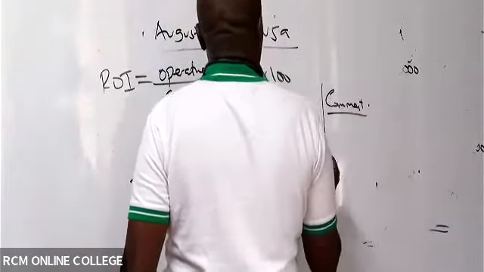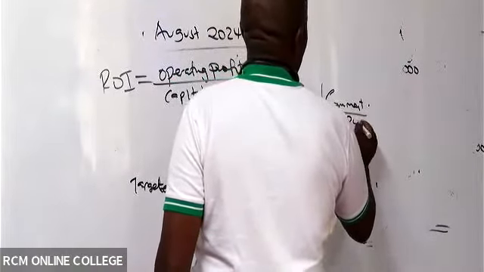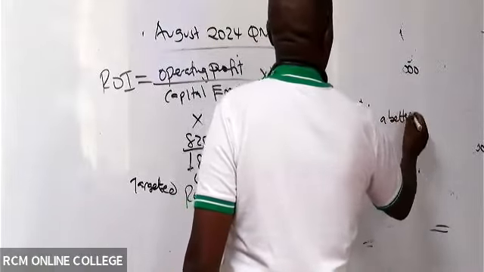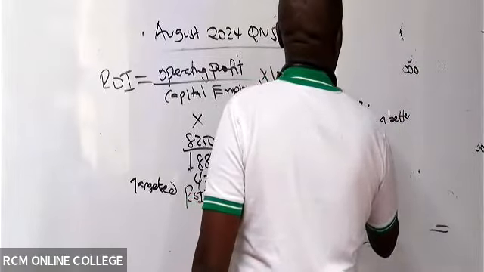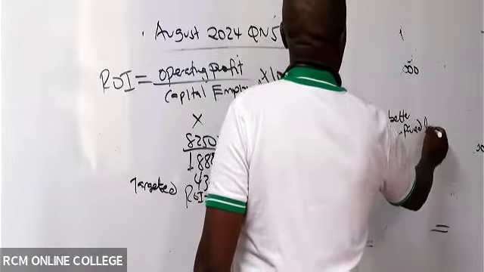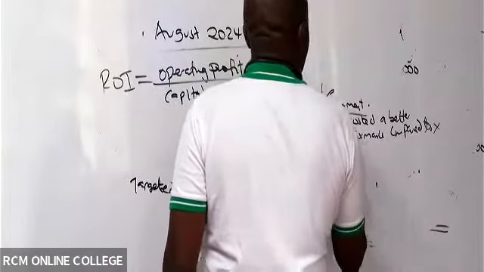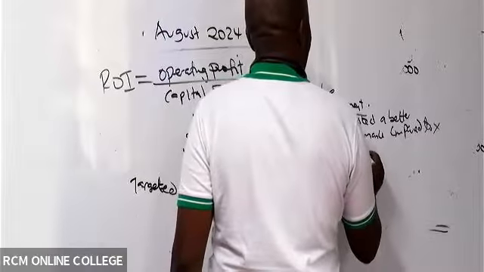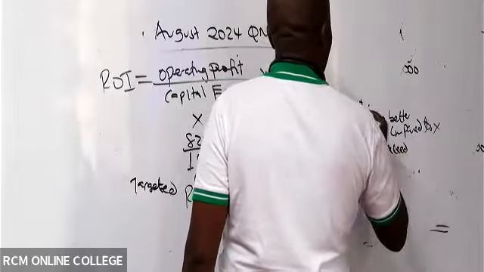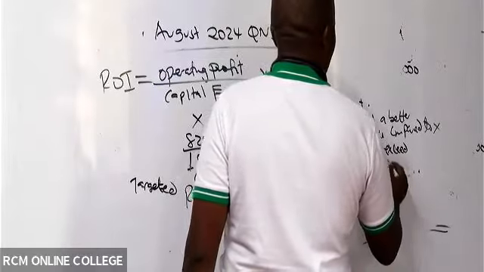So in terms of comment, we are able to see, ladies and gentlemen, number one, that Y posted a better performance compared to X. And number two, both divisions exceeded targeted ROIs, targeted return on investments.